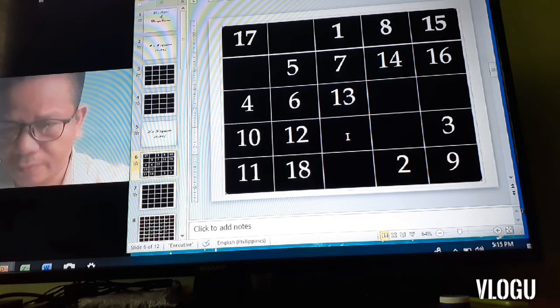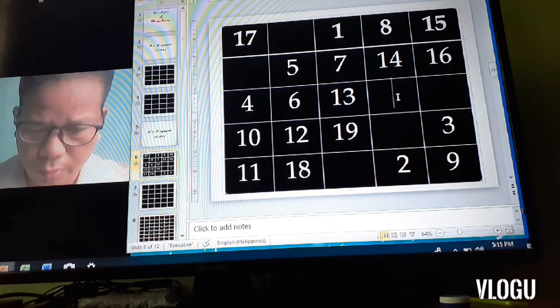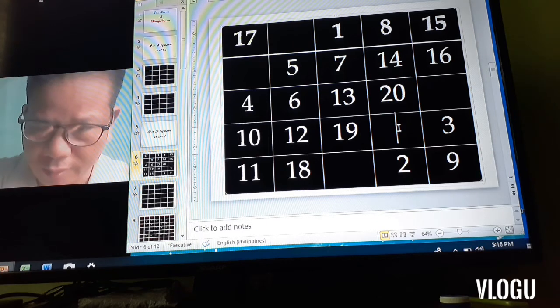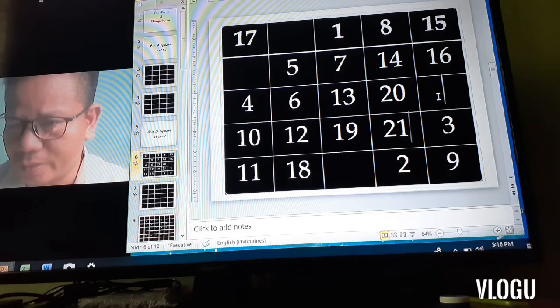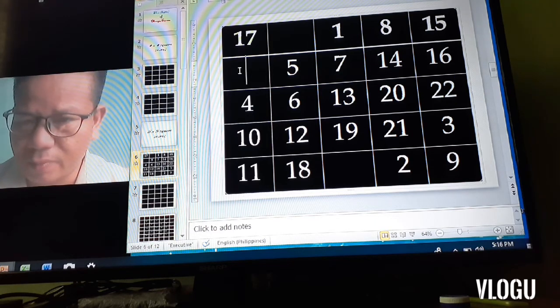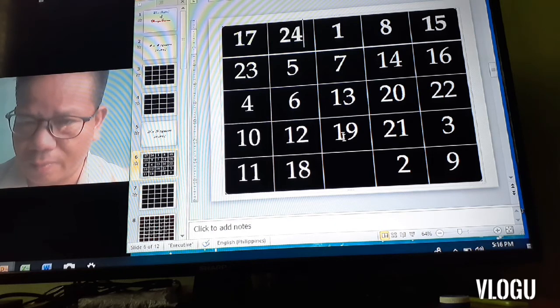Movement, diagonal, I have 19. I have number 20. Now for my number 21, supposedly it goes here, but we are blocked, therefore we just drop our number below. For my number 22, next is my number 23, there are no squares, so we're going to count 5, therefore I have number 23. For my number 24, and I have my number 25 here.